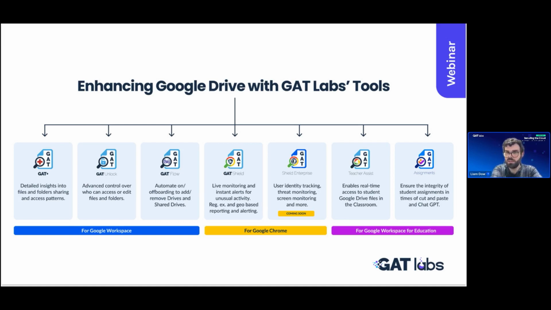So you could create alerts in GAT Plus that might be whenever someone shares out a file that contains certain sensitive data, then trigger this workflow, which could be locking them out of the account or removing the shares, or really any number of things that you would want to do. There's a great deal of different actions and different conditions that you can design into GAT Flow.